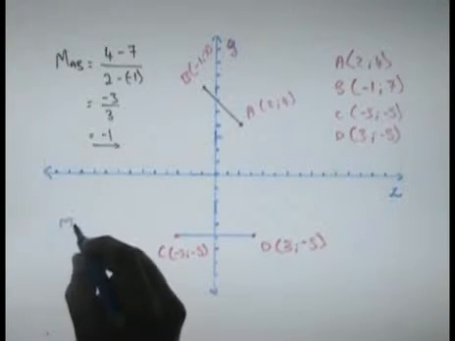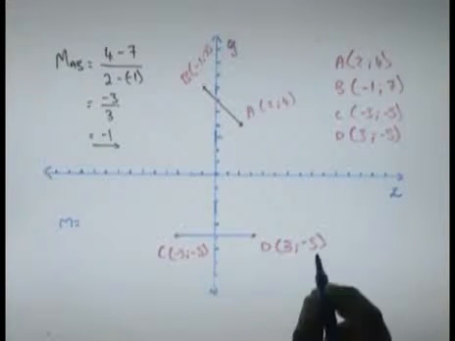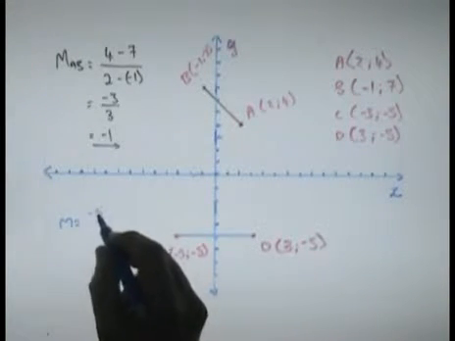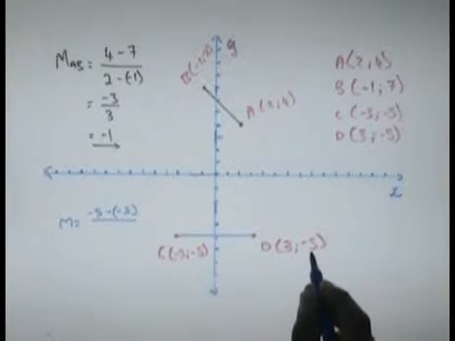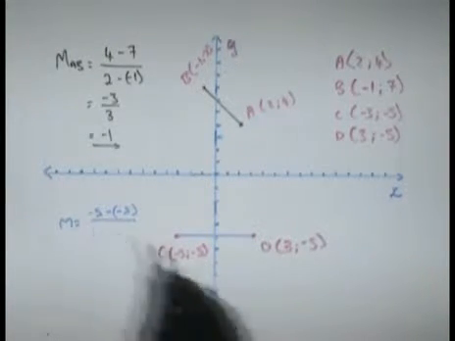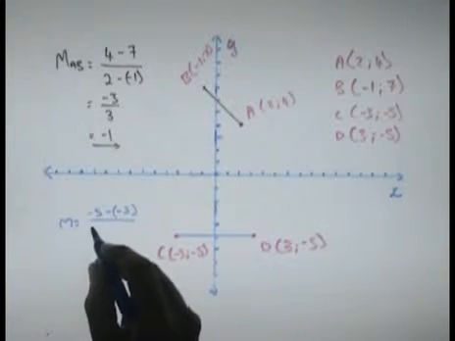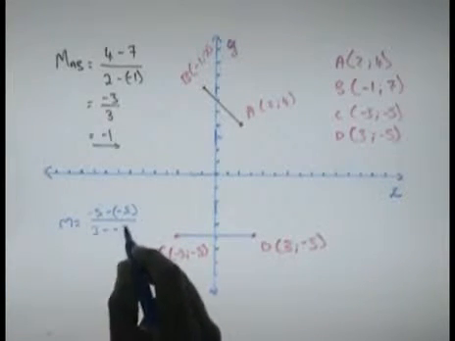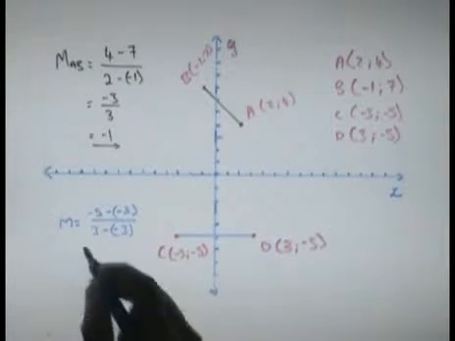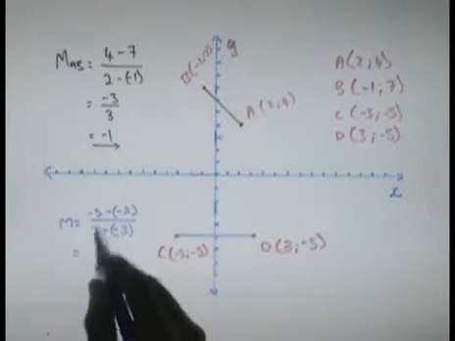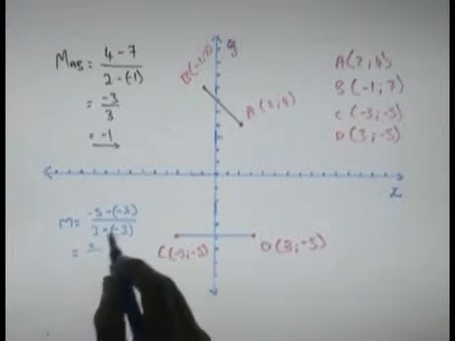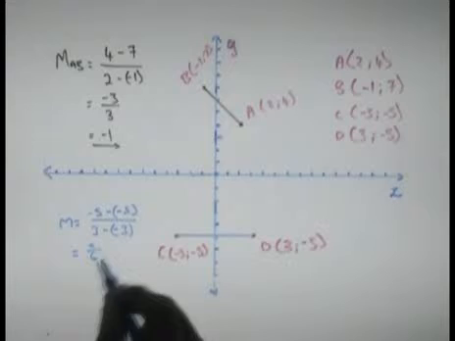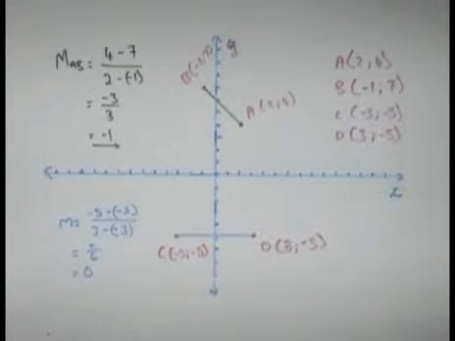Remember, m is equal to y2 minus y1 over x2 minus x1, which is going to be negative 5 minus negative 5, which is equal to minus 5 plus 5, which is 0, over 3 plus 3, which is 6. 0 over 6 gives me a gradient of 0.